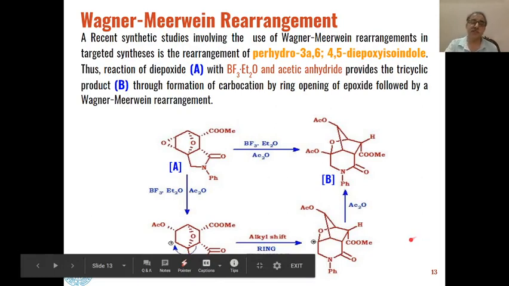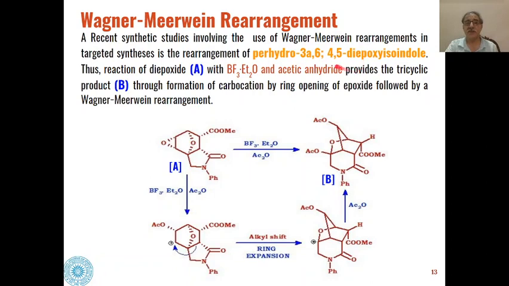Then a few recent examples of Wagner Meerwein rearrangement. Wagner Meerwein rearrangement has been used in the targeted synthesis of perhydro 3a,6,4,5 diepoxy isoindoles.